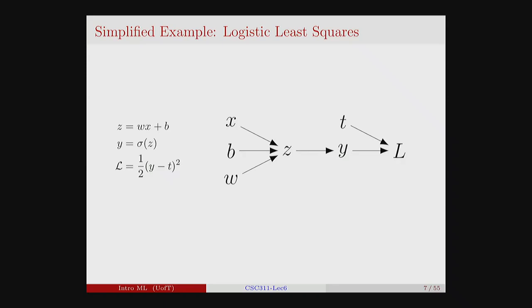So in this model, we again have our nodes, the inputs and the parameters of the model, and we also have intermediate computation. So Z is an intermediate computation, Y is an intermediate computation, T is a target, which is going to be an input into this graph, and L, the scalar, is the loss function.